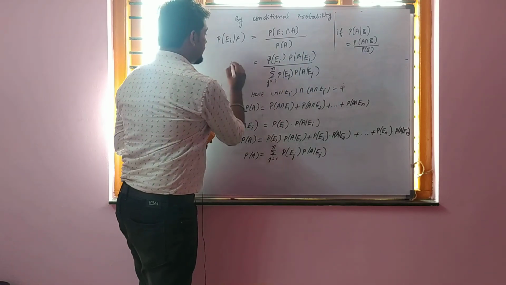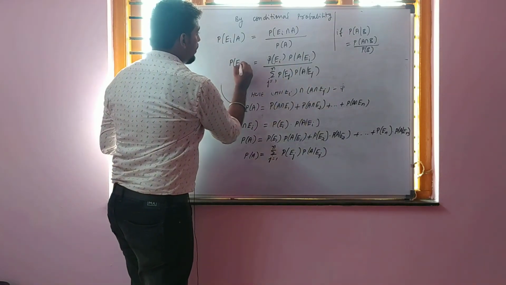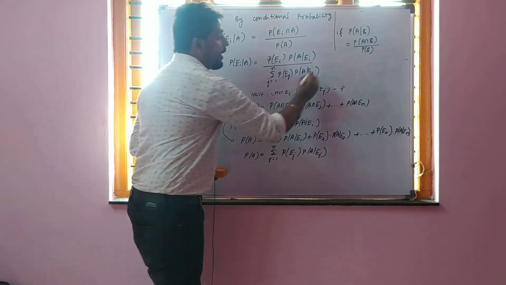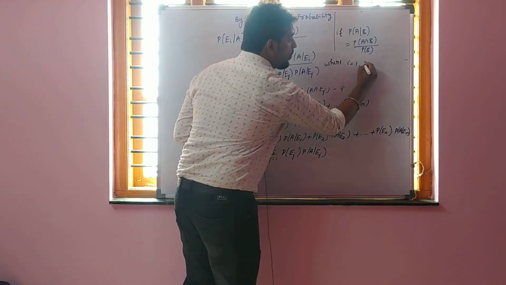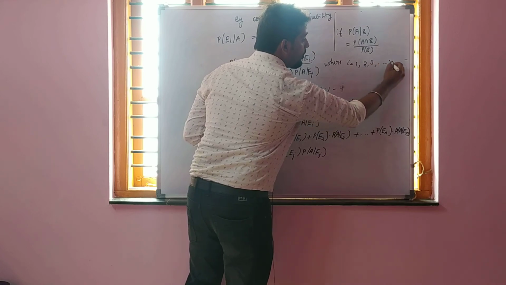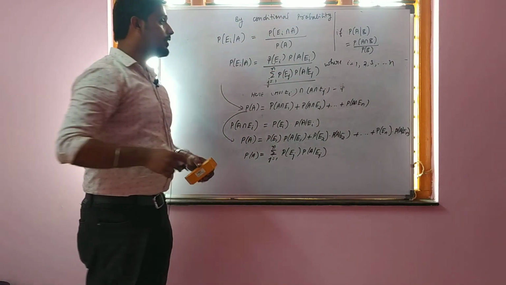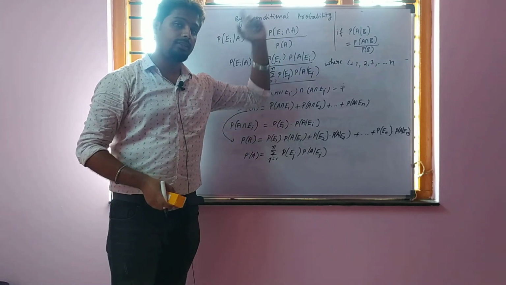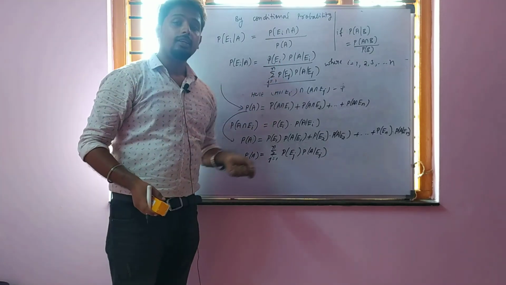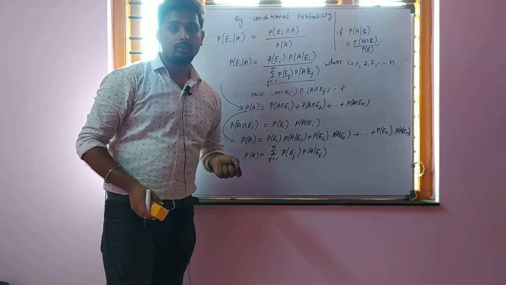This is equal to P of EI bar A, where I ranges from 1, 2, 3 and so on up to n. So this is the required equation, and in the first example which I took, you can see a similar equation.